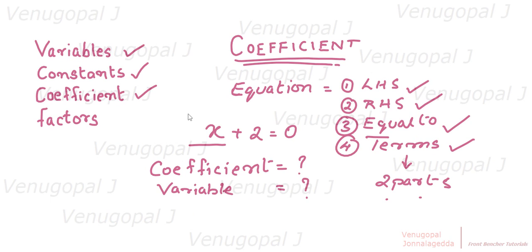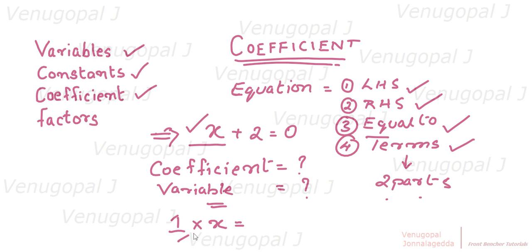So the coefficient here, we learned that it's a constant. So always remember, if there is no coefficient in front of a variable, like in this case, we assume the coefficient to be 1. Why? Because 1 into x, 1 into anything is the same thing. So 1 into 10 is 10. 1 into 11 is 11.